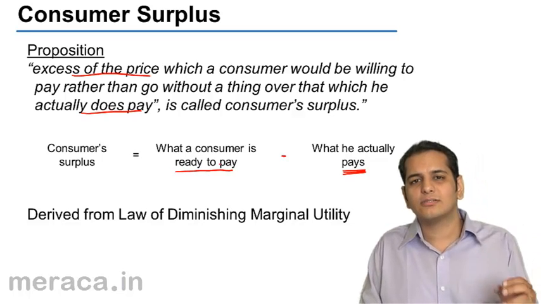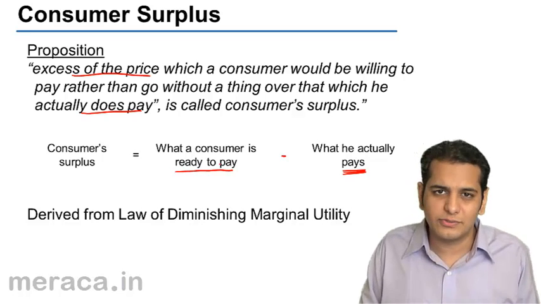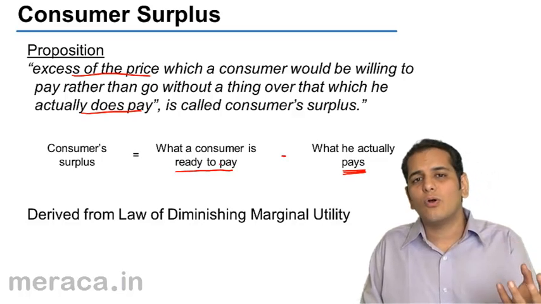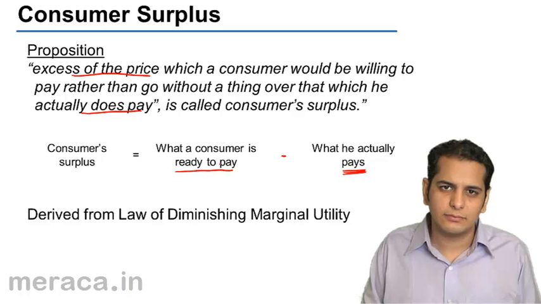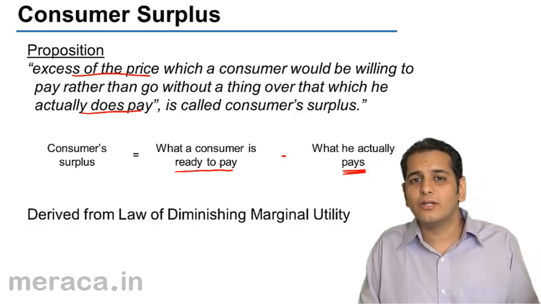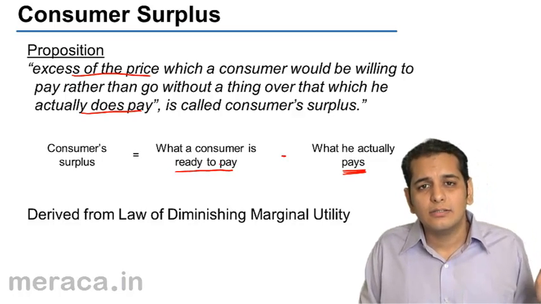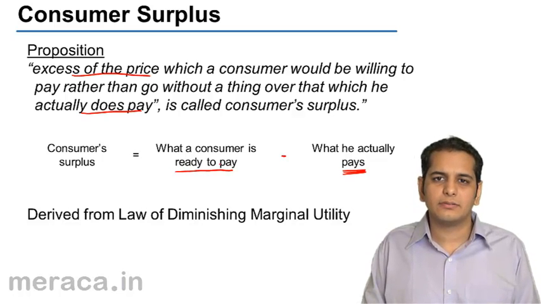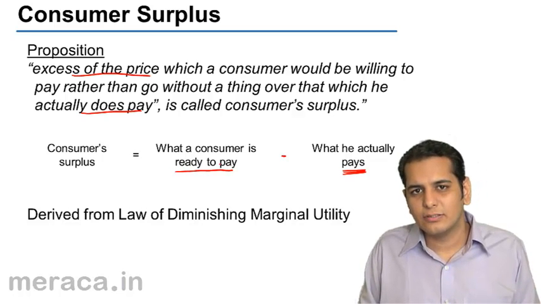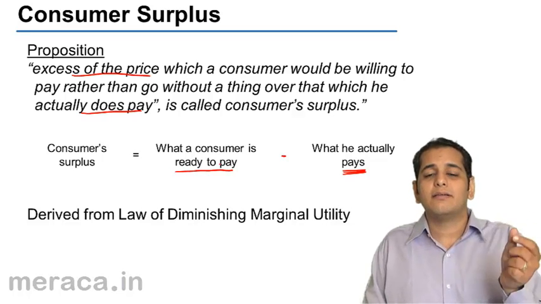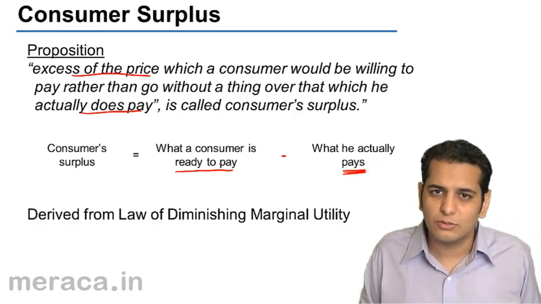But for products where the consumer is not interested, he might not want to buy it. He might just ignore that product and stay without buying it. In that case, we can say that there will be no consumer surplus.